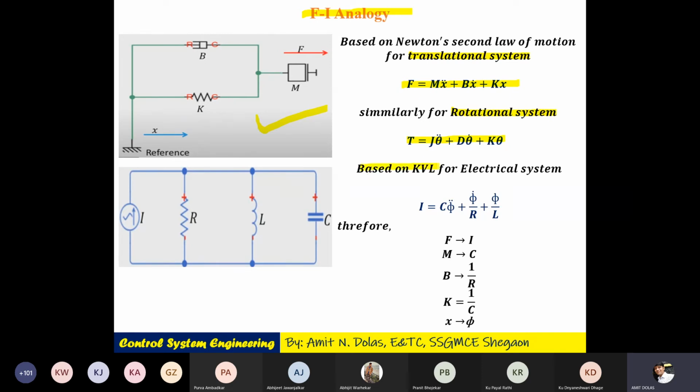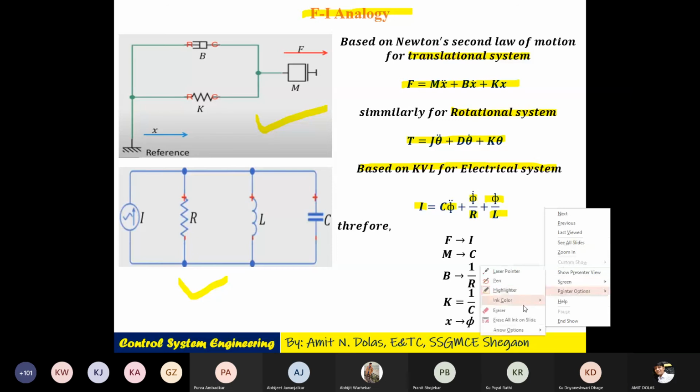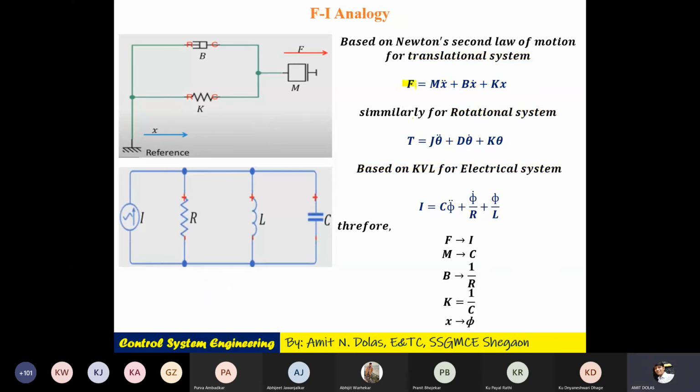Based on KVL, this is the electrical equivalent analogous model. Based on KVL, I have I is equal to C phi double dot plus phi dot by R plus phi by L. Let's see the analogy. Here force or torque is analogous to current. Here mass is analogous to capacitor C. Similar kind of differential equation we can have.